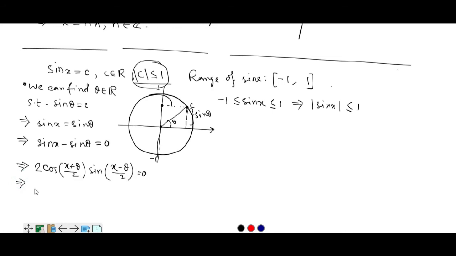From here we can write the factors separately. This will be equal to 0 or this will be equal to 0.